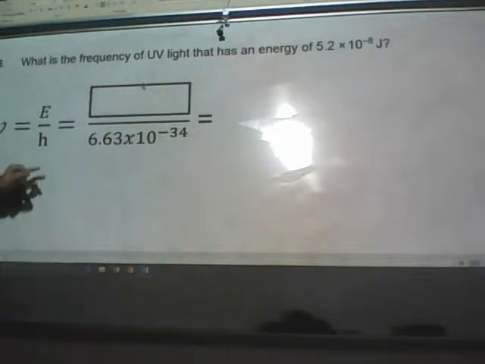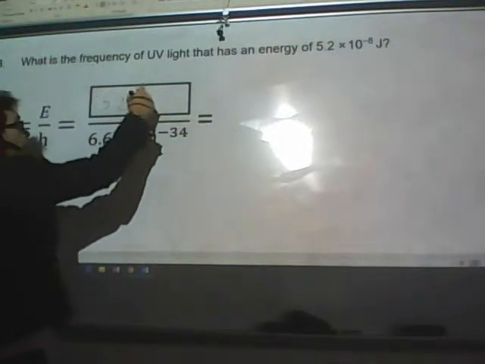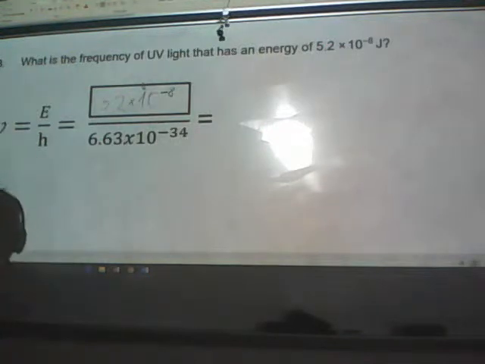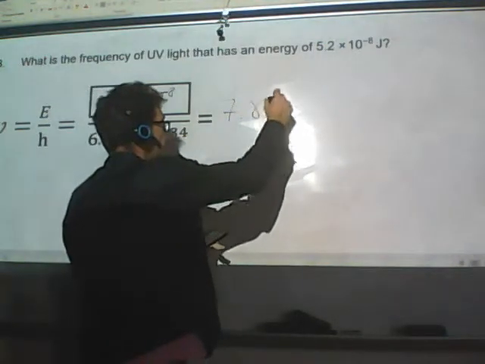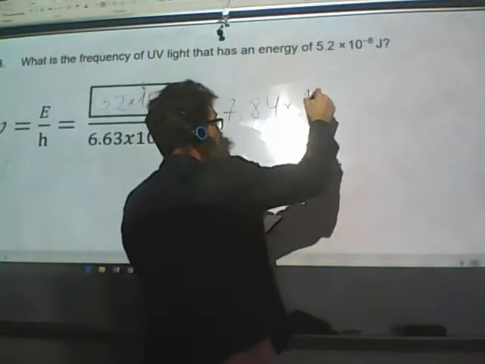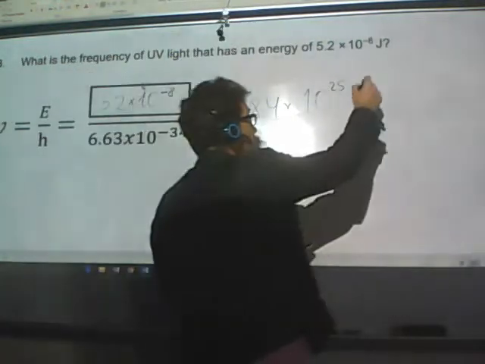So you can take for the formula of energy the frequency, that would be the energy, divided by the Planck constant, that would be 5.2 by 10 to the power of minus 8 divided by 6.63 by 10 to the power of minus 34. That is 7.84 by 10 to the power of 25, being frequency, the unit is Hertz.